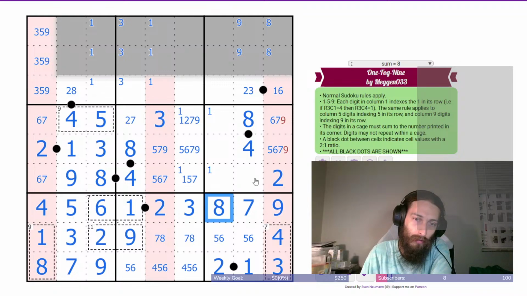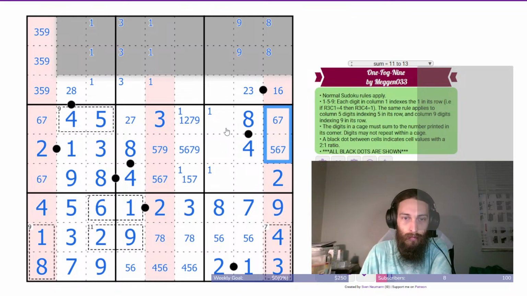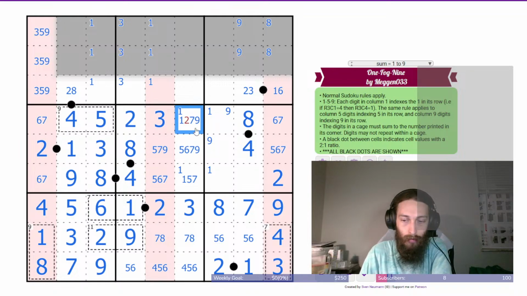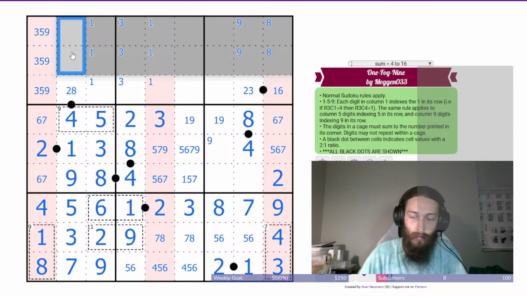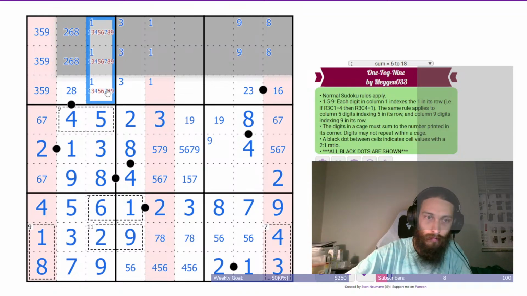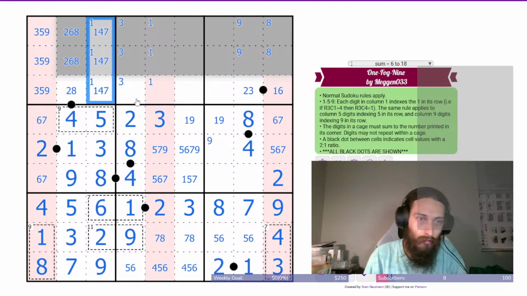Oh, and I knew this could be a 7 because 8 got placed there. 6, 7 pair makes that a 2, and this is not 2 or 7. Okay, column 2 needs 2, 6, and 8. 2, 6, 8, 3, 5, and 9, 4, and 7.